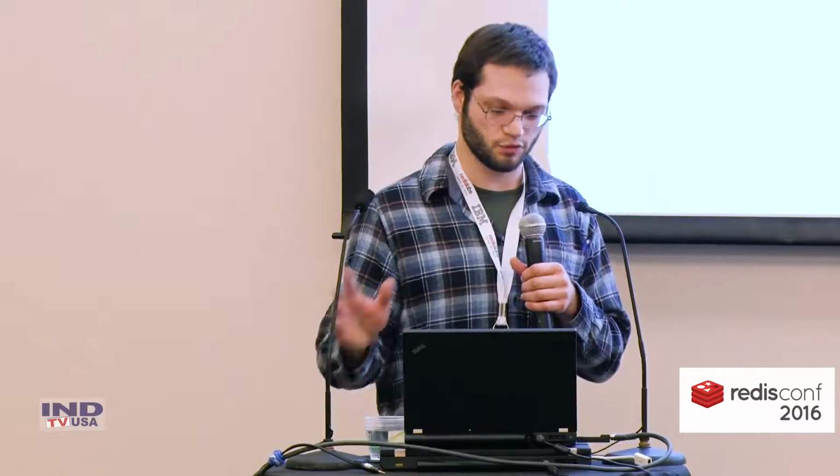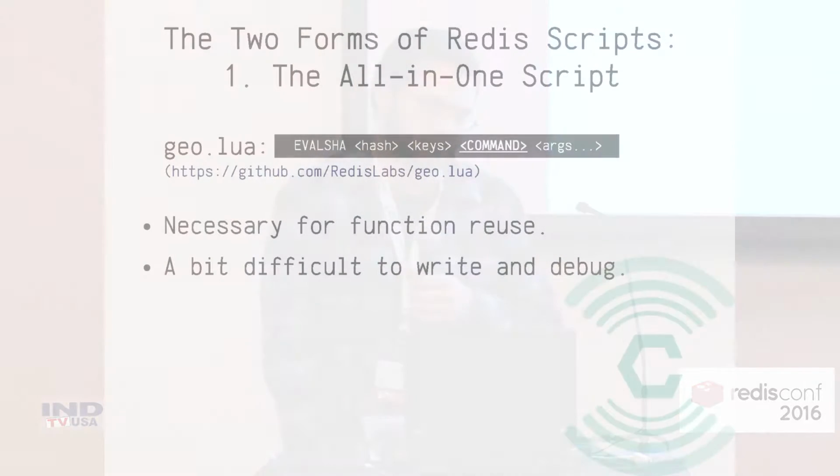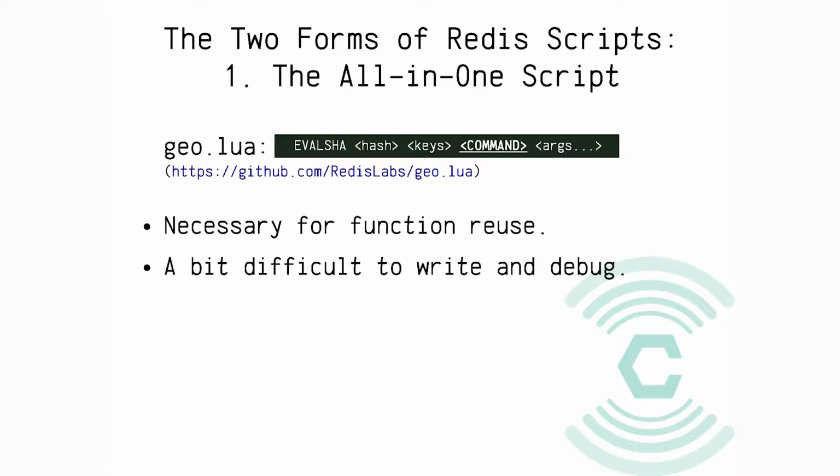It gets kind of messy. So there's really no way to share functions or to reuse code between the scripts, which presents sort of a dilemma, and basically means there are 2 particular ways to structure Redis scripts, to structure Lua scripts, that is.